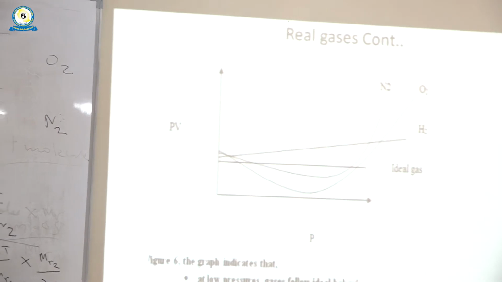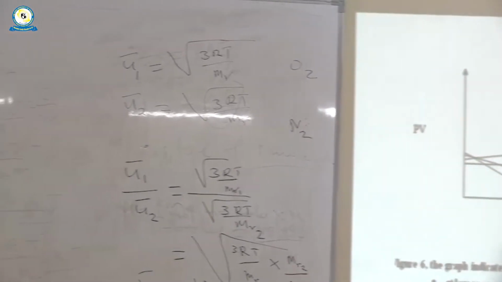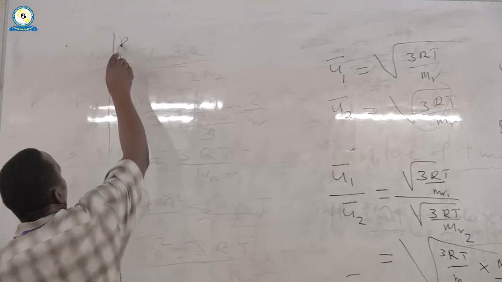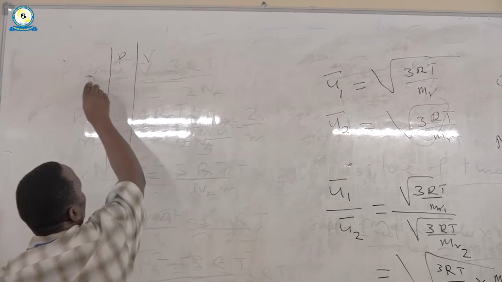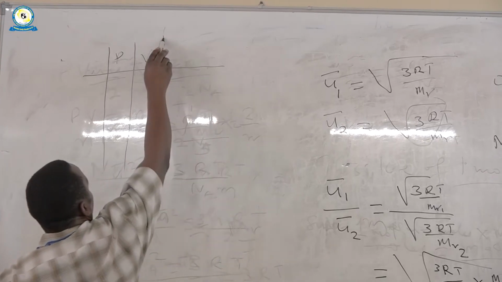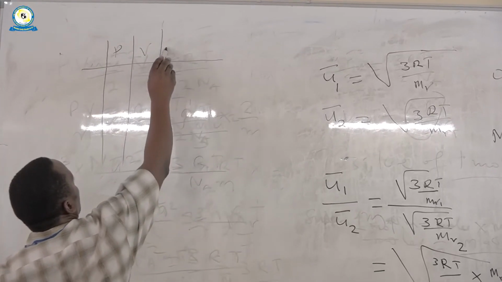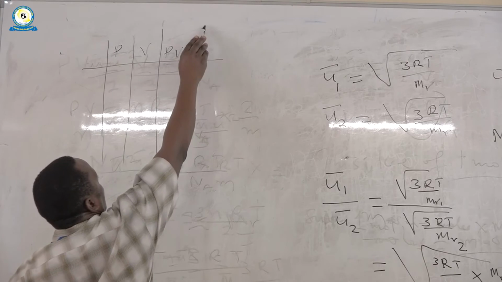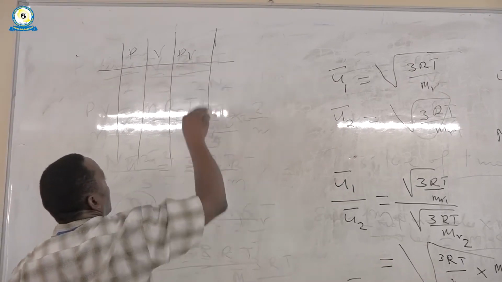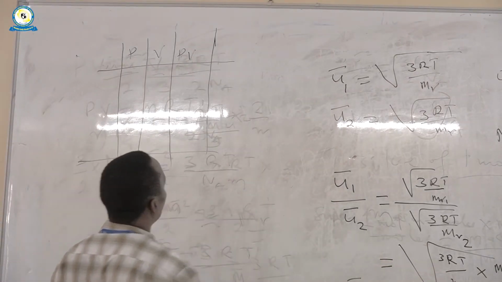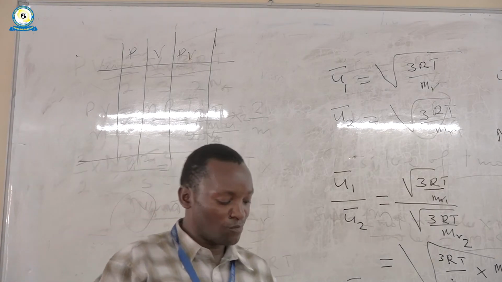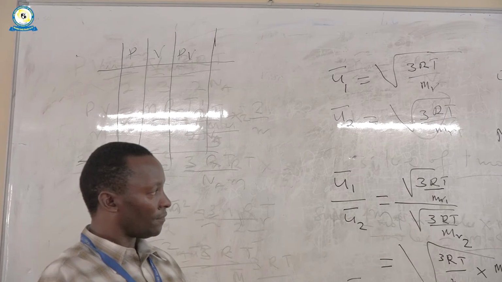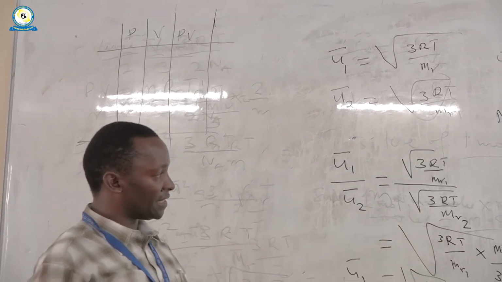You have pressure, you have volume, then after that you have PV. So you have measurements for that. Then you try to plot that.